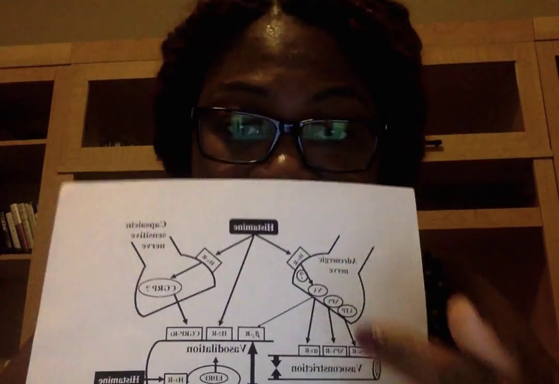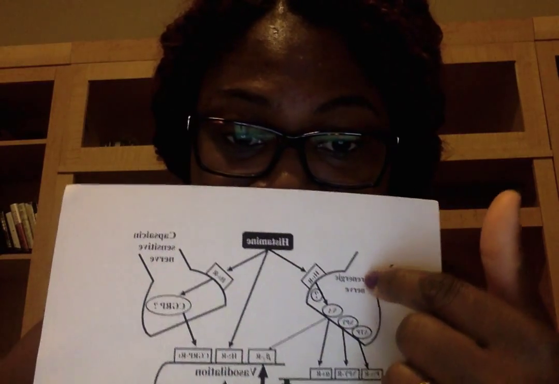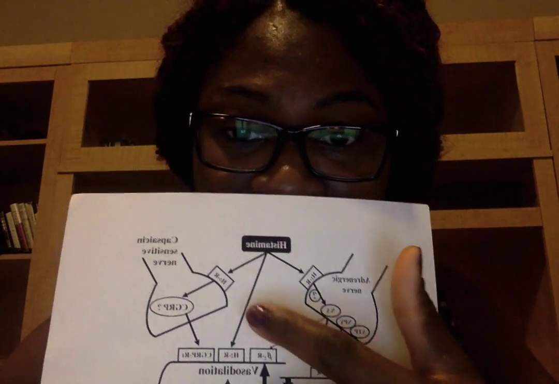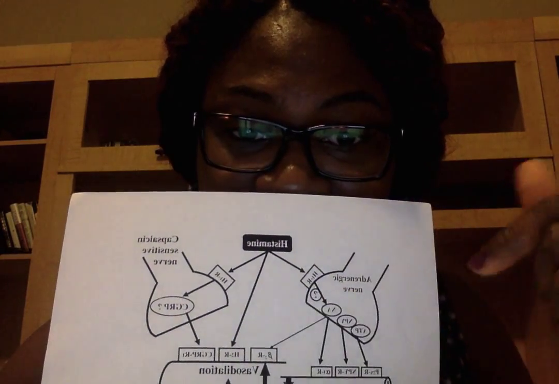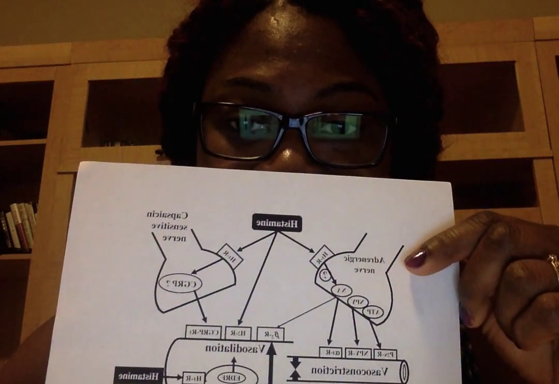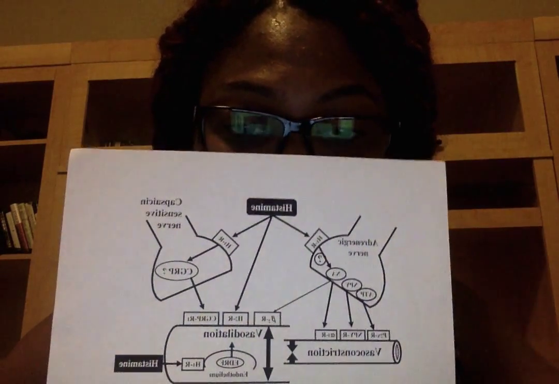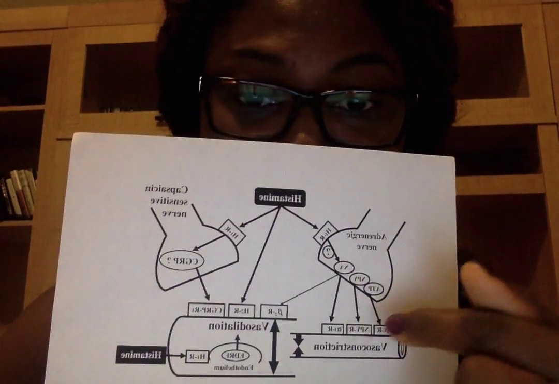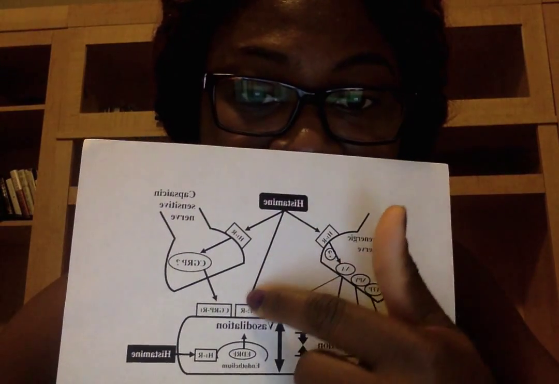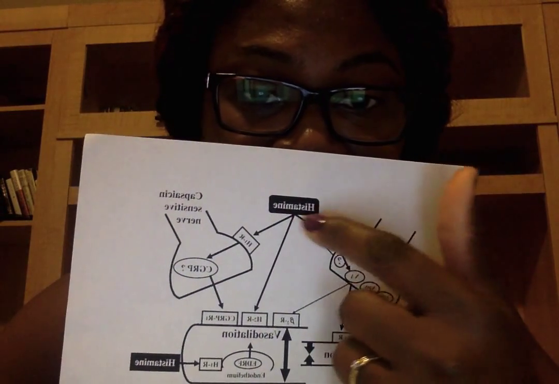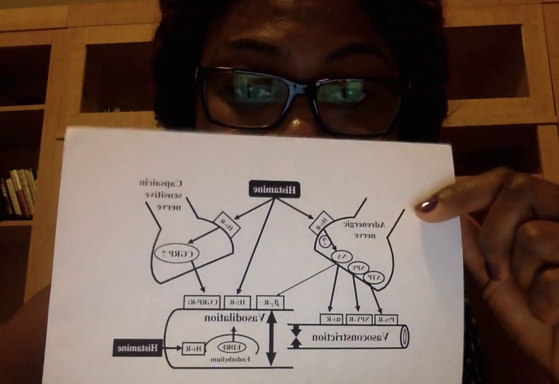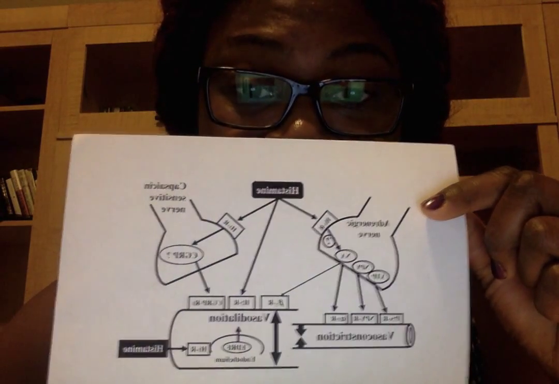This is a picture of a nerve ending, and this is also a nerve ending. And this is showing different receptors where histamine works. As you can see, it has different effects on different receptors.